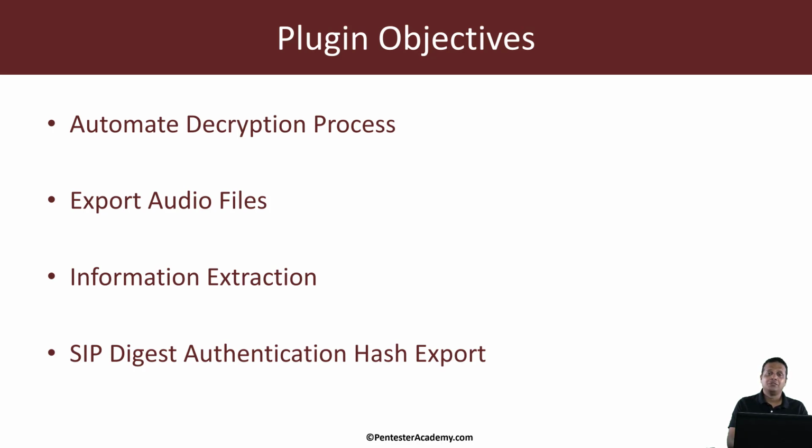So what are the objectives of this plugin? The whole idea is that in the whole course, we've been doing a lot of things in a manual way, especially decryption. All of you have seen how painfully long the process can be. We figure out the keys, and from the keys we get the hex dump.